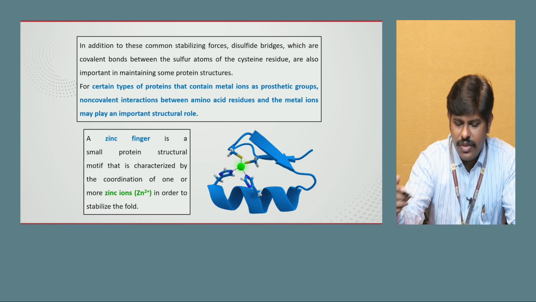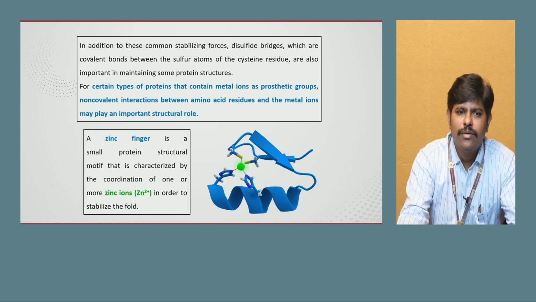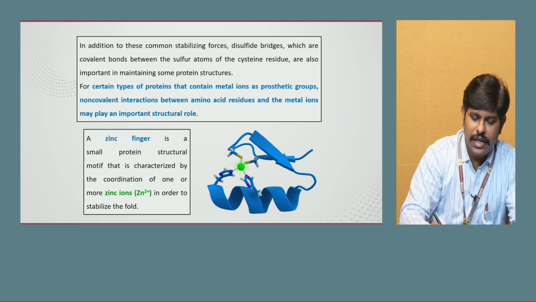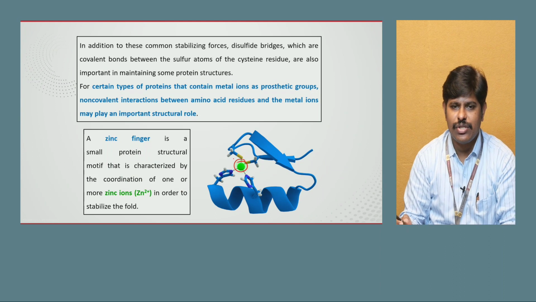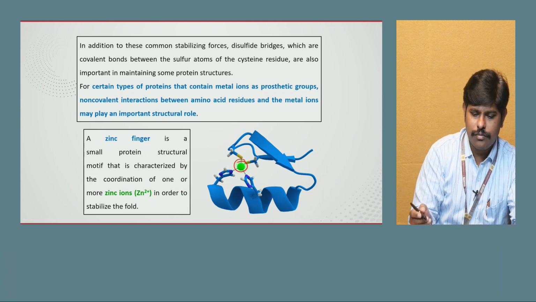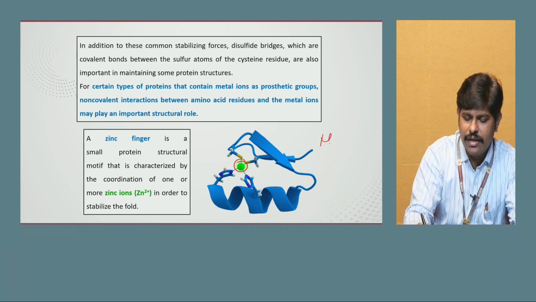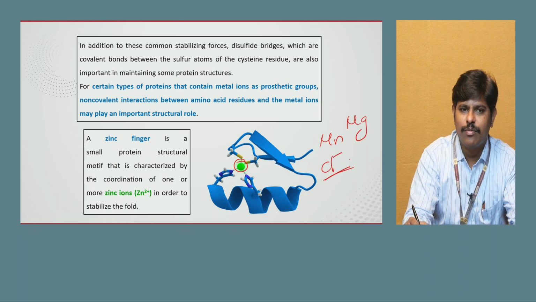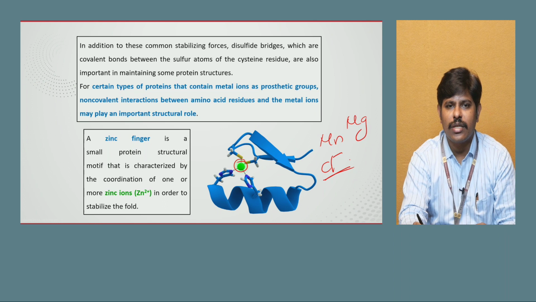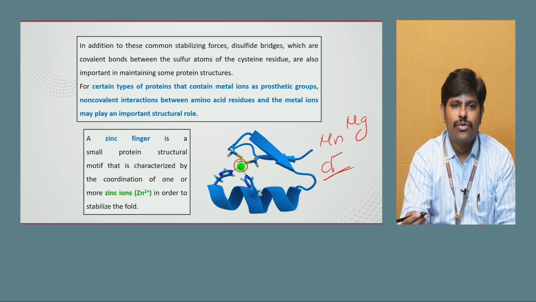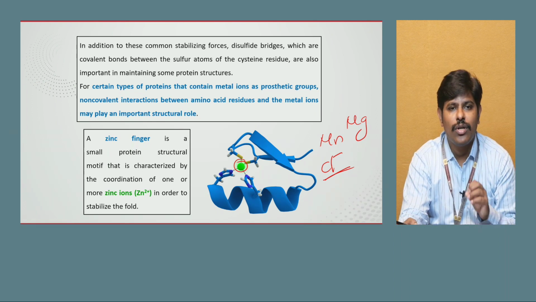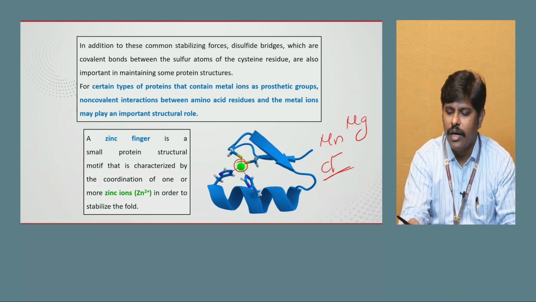Sometimes in some proteins there are some specific coordinate covalent bonds. In zinc fingers, a zinc atom can stabilize some specific structures here. Similarly zinc, manganese, magnesium and chloride ions in some specific proteins stabilize the protein structure by forming some sort of specific covalent coordinations between the atoms here.